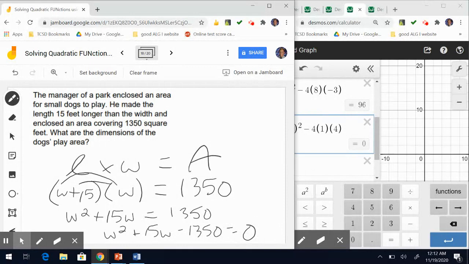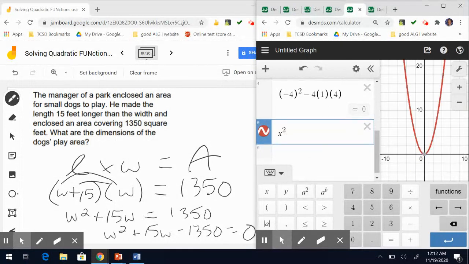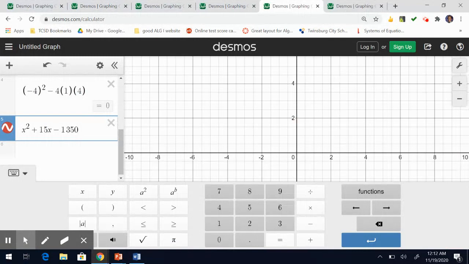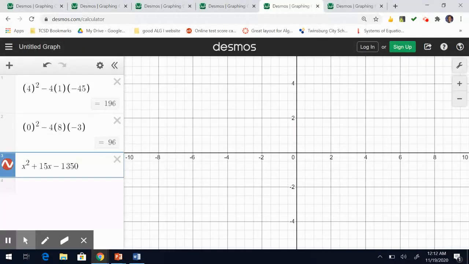And now, to be honest with you, we don't even have to solve with the quadratic formula. We could always just plug it into what? Graph it, right? So let's plug it into Desmos and just graph it.